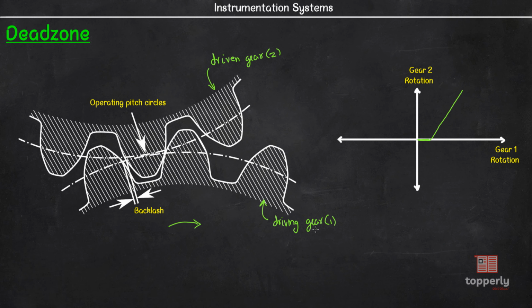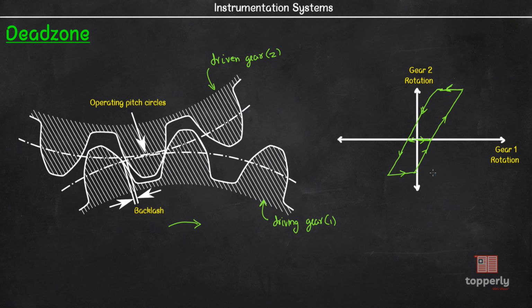Similarly, if we rotate the driving gear in the opposite direction, gear 2 remains in the same position for some time due to that gap, and after that there is a linear relationship. So this is the direction of motion. Similarly, if you rotate in the opposite direction, then this will be the direction of motion.